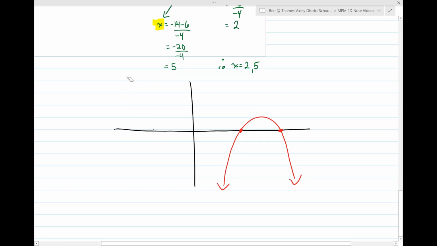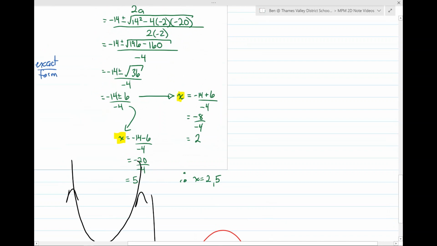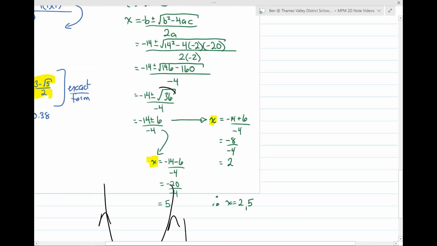If we take a look at this, say, black parabola here, if I wanted to, I could shift this up. And if I shift it up, say, to here, we have just one solution right at the vertex of this parabola, right? So sometimes from our quadratic equation, we'll find that the value beneath this square root sign ends up equaling 0.